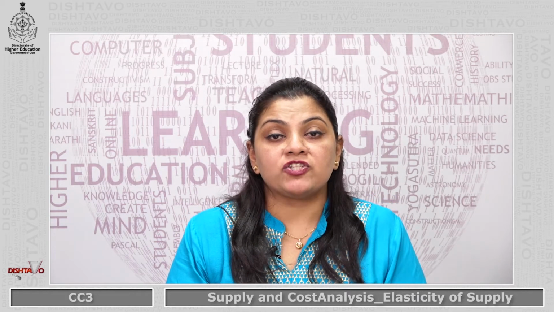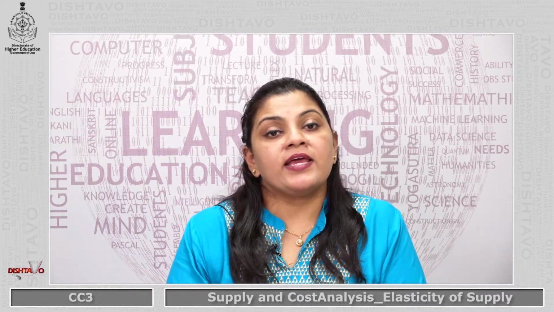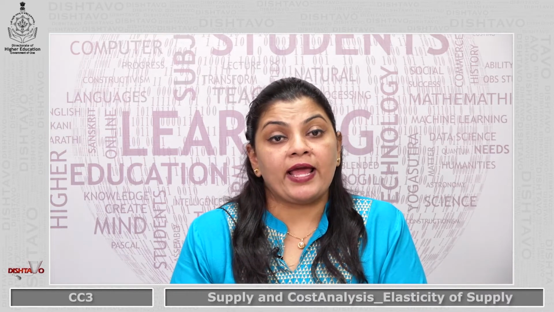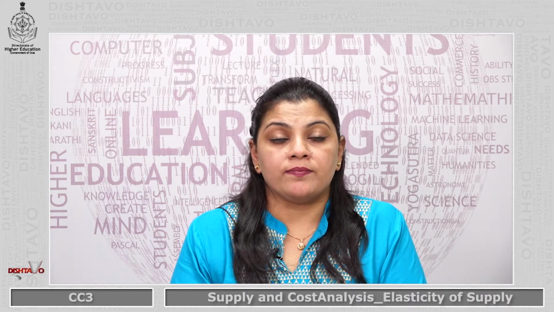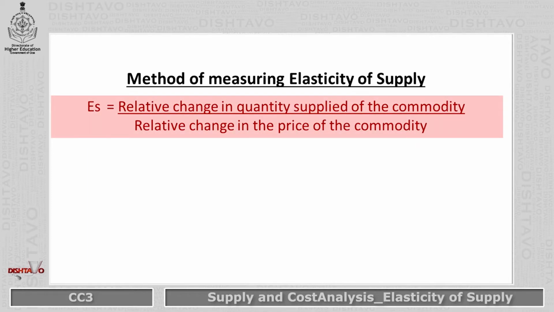So, how do we measure elasticity of supply? Elasticity of supply can be calculated with the following formula. ES is equal to relative change in quantity supplied of the commodity upon relative change in the price of the commodity.